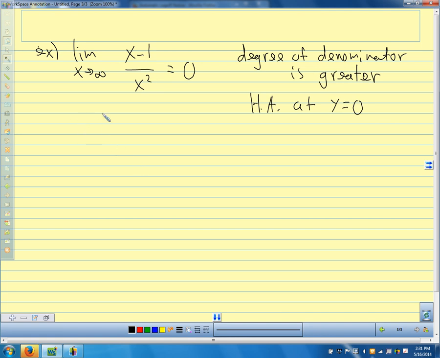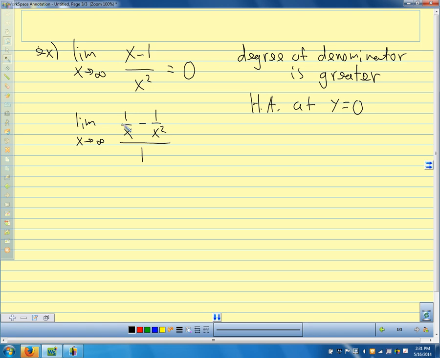And if we wanted to show this algebraically, I would divide everything by the highest power of x, divide by x squared, so this is the limit as x approaches infinity. X divided by x squared is 1 over x, minus 1 over x squared, and x squared divided by x squared is 1.